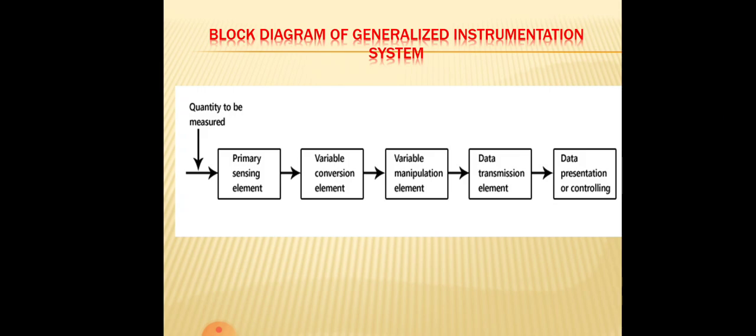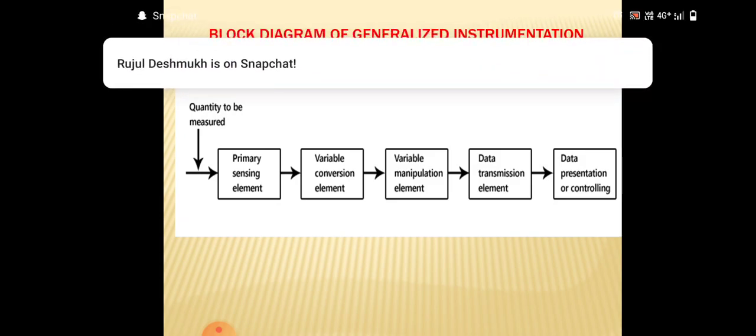And as this is a measurement system, a measuring instrument, it will give something as the output which will be represented in analog form or in digital form. So input is a quantity to be measured and output is the display of that quantity which is measured.